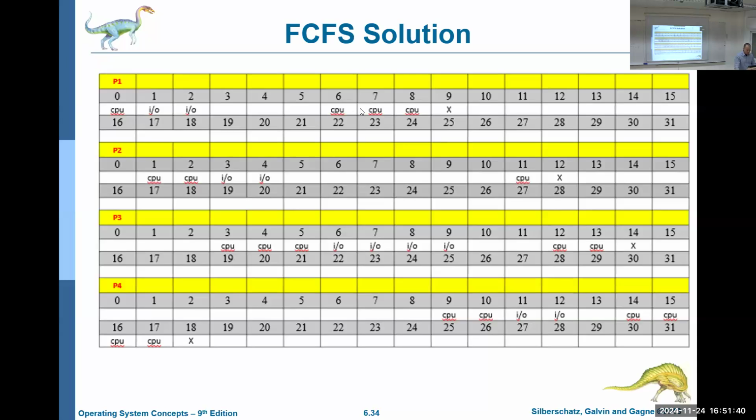So P1 goes and gets the CPU. And when he's finished, there's an X here, the X means he's terminated. And then P4 comes in.